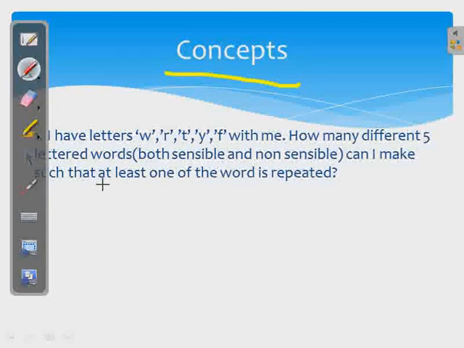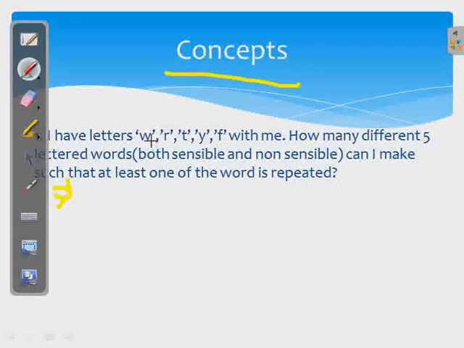Do you get it? 5-letter words, but where at least one letter is repeated. I've already given some hints for this question, like in one question of the principle of addition. So it will also use what we did in the previous two problems.